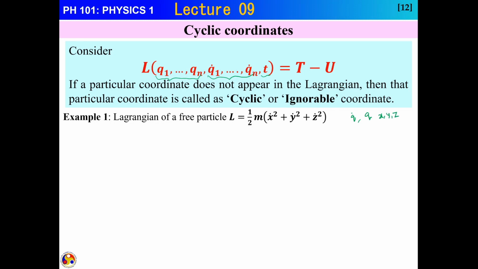So obviously, we can say that since x, y, z do not appear in the Lagrangian, they are cyclic and they are not going to vary or disturb the system in any way.